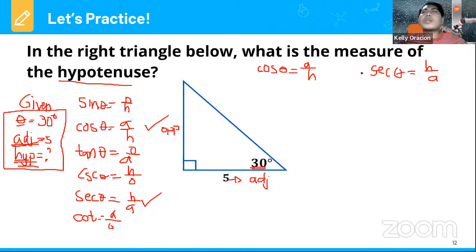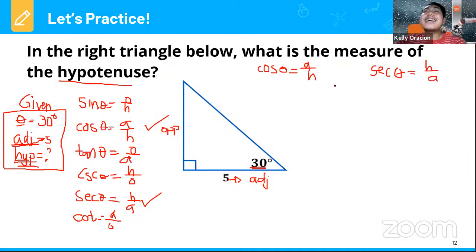Sir, I have a question. Necessary ba talaga na dalawa yung piliin namin? The answer is no. Depende yan sa inyo. Actually, they will arrive at the same answer. The same answer lang yung cos at saka secant natin. I present both because I want to show na silang dalawa parehas yung sagot.